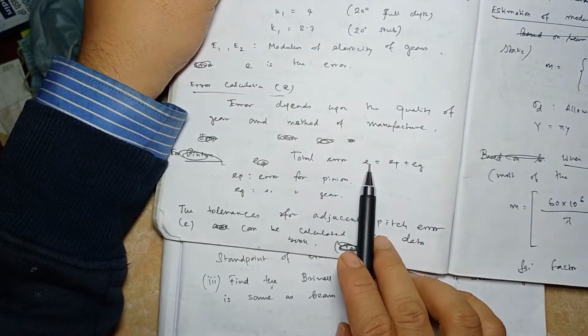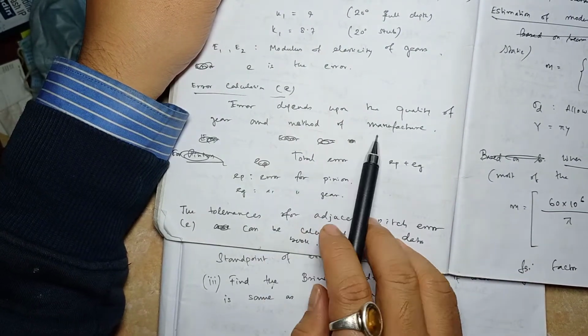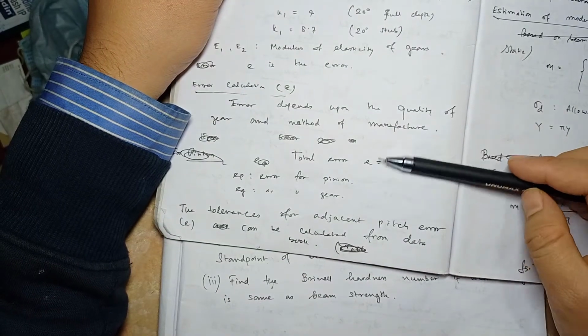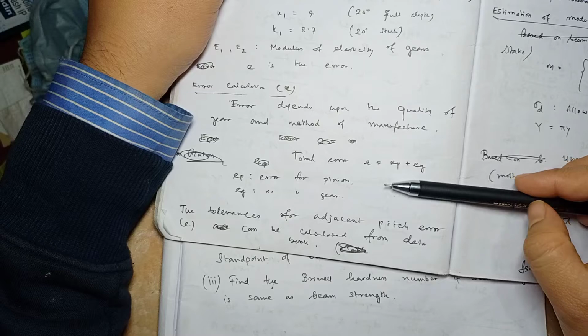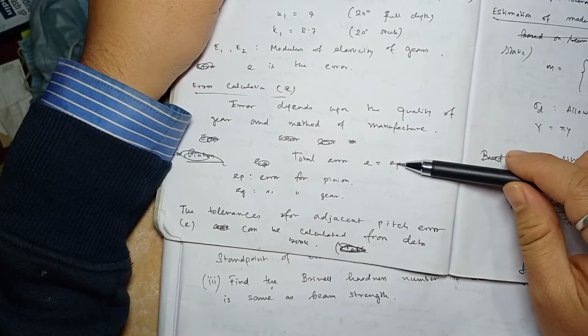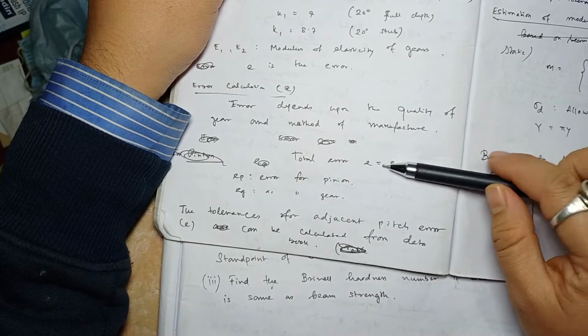The total error e is a combination of the errors for both the gears. Here you are precisely calculating the gears using the tolerances, so the error for the pinion and the error for the gear have to be calculated separately.